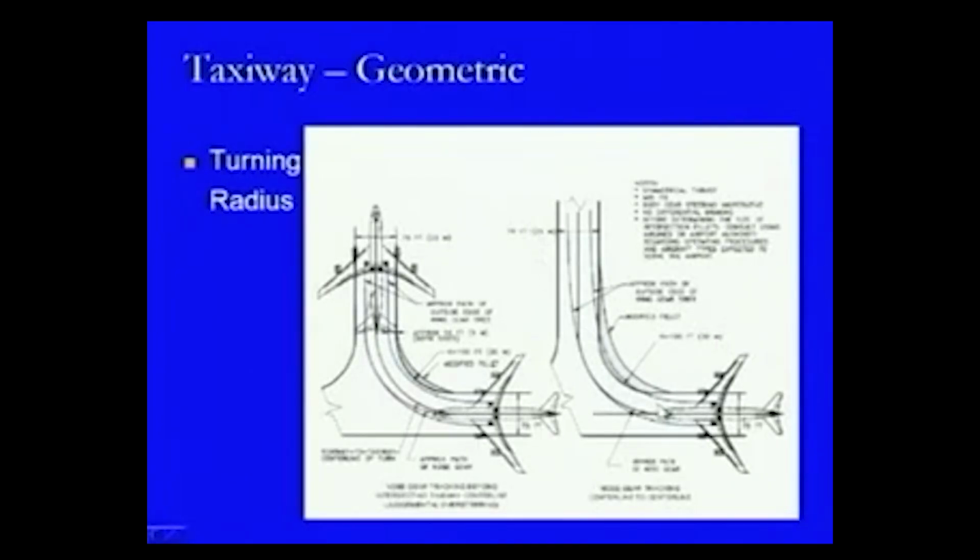This is another diagram where again this is a runway strip, and this is the connectivity, and this is the taxiway. So, this is the center line of the taxiway, this is the center line of the runway, and here it is being connected by this circular center line of this curve.